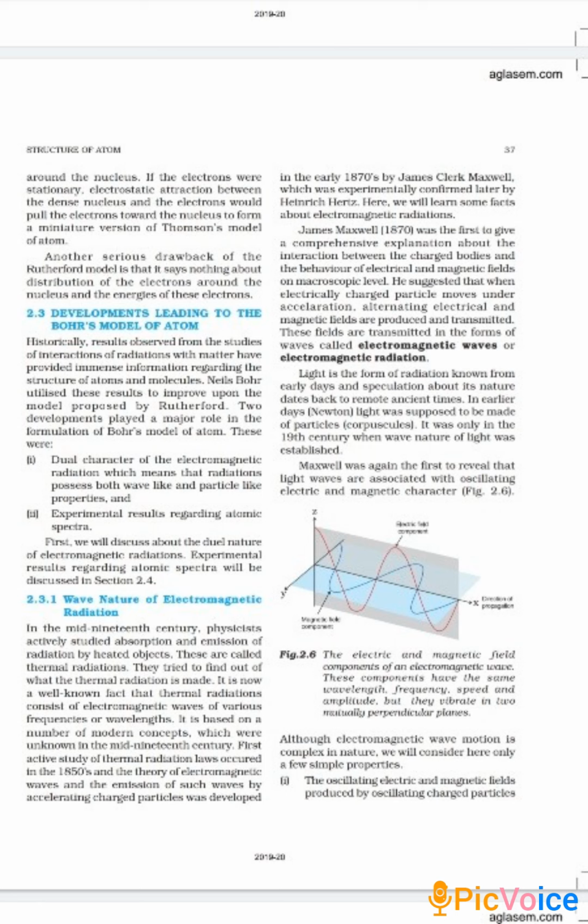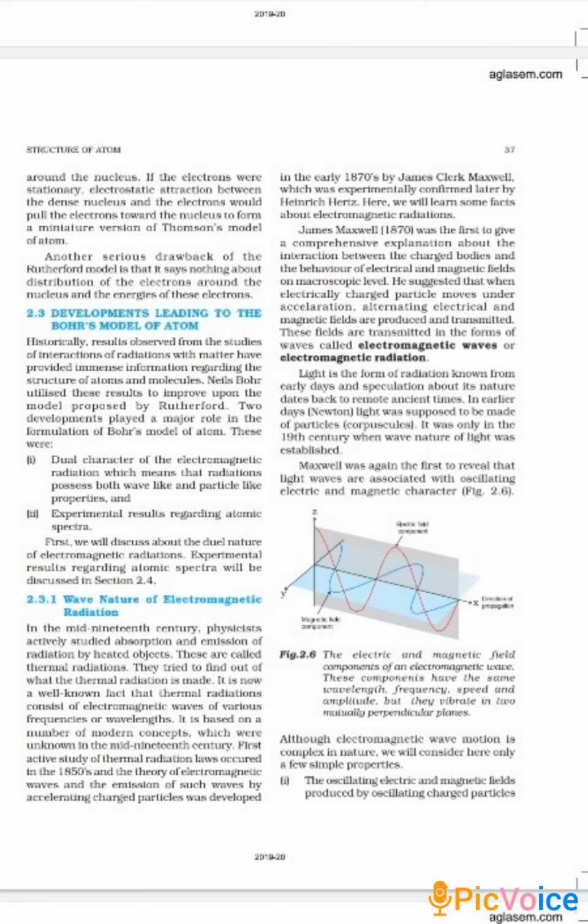Students, wave nature of electromagnetic radiation for the first time was given by Maxwell in 1870, and as per this electromagnetic wave theory, when electrically charged particle moves under acceleration, alternating electrical and magnetic fields are generated.